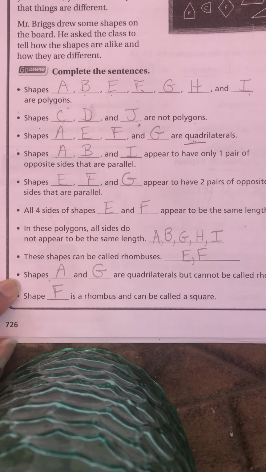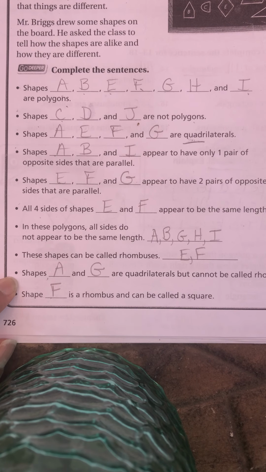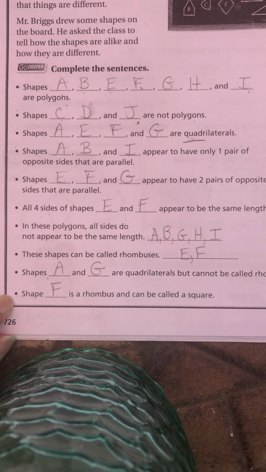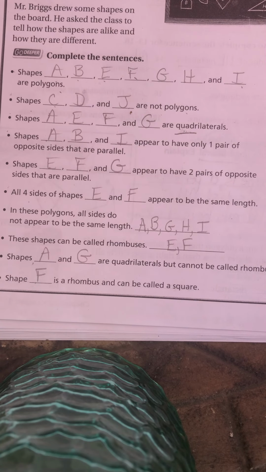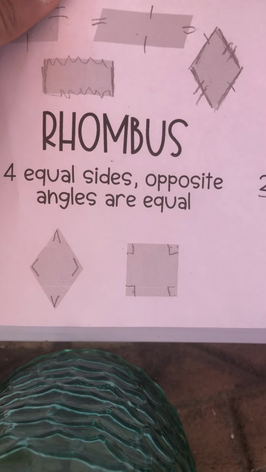Ooh, A and G. Okay, they can't be called rhombuses. Okay, and then the last one, F. Shape F is a rhombus and can be called a square, and I showed you that on the poster. A square can be called a rhombus.